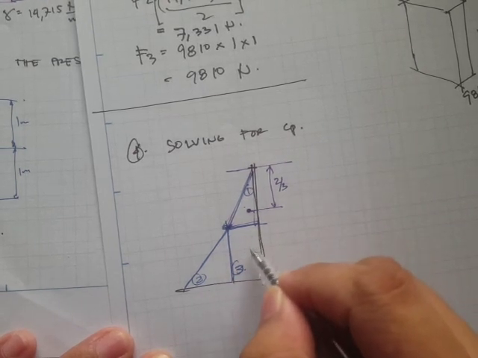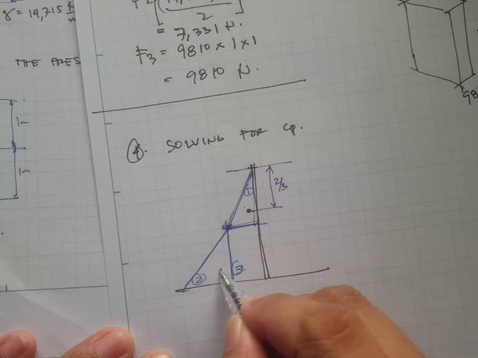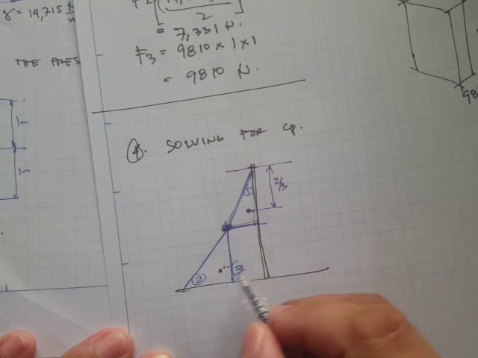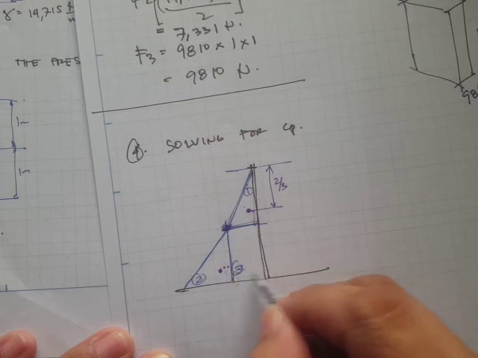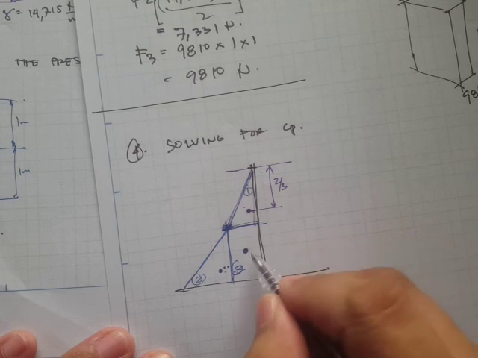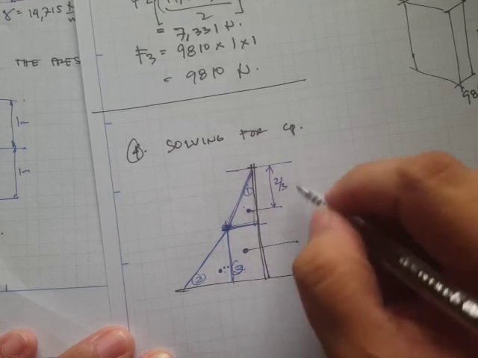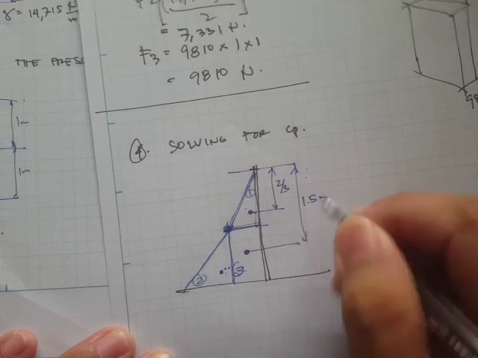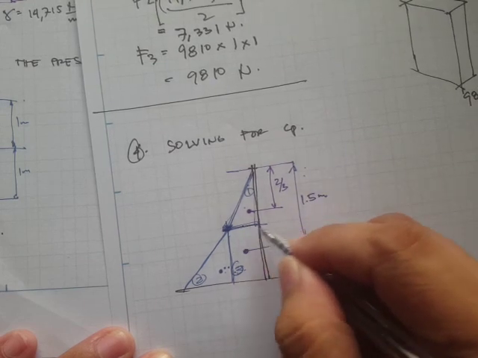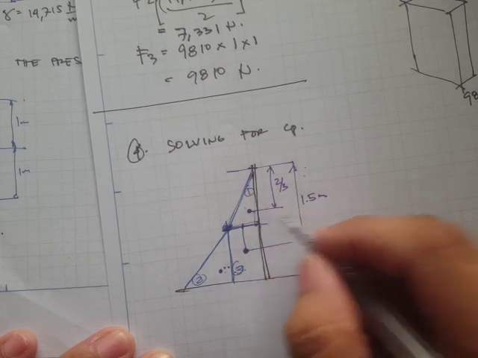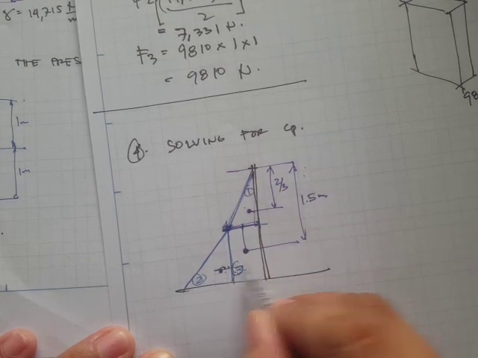And this one, the centroid of 2 is somewhere right here. Again, 2/3 from this point. And the third prism, we have the centroid at the midpoint. So for this, we have 1.5 meters, because this is 1 meter, and the distance from this point to the centroid is 0.5 plus 1 meter, so that's why 1.5 meters.